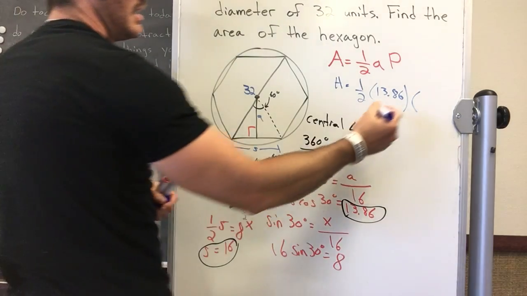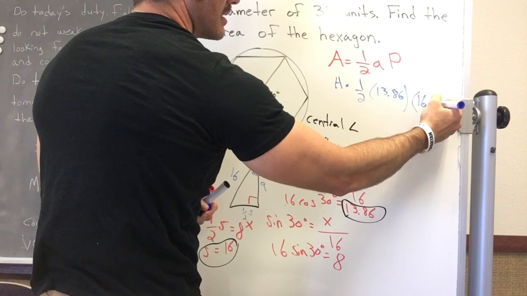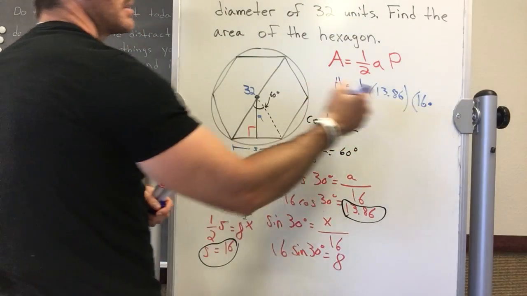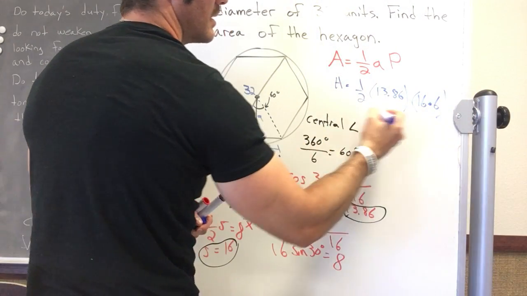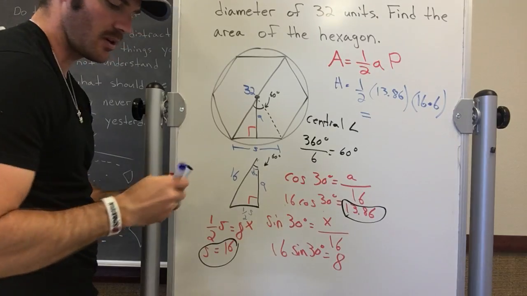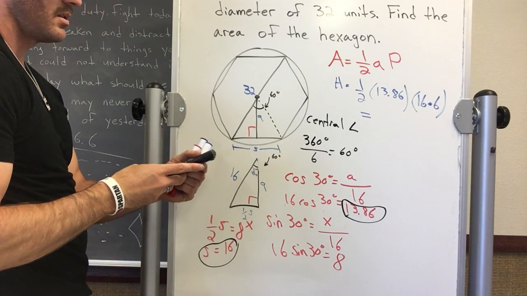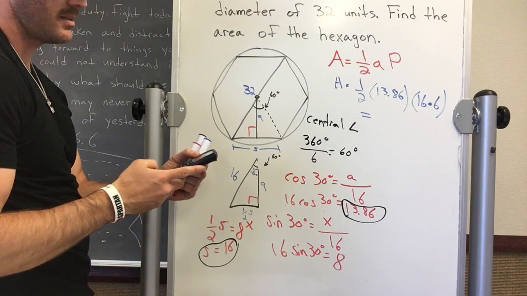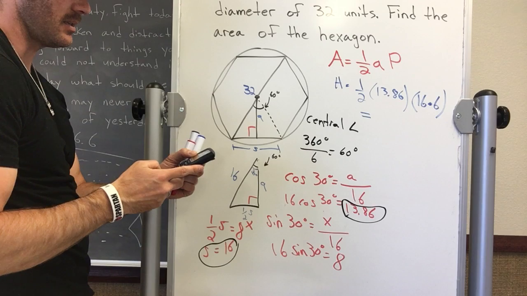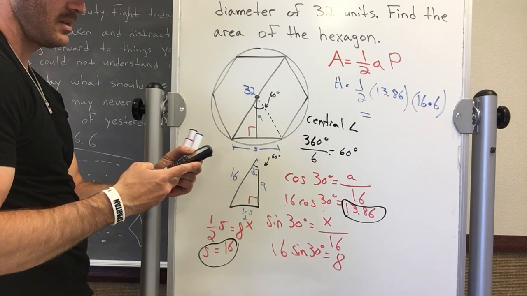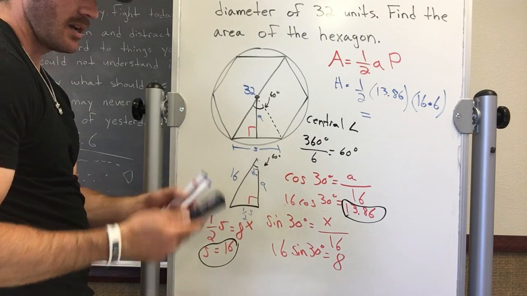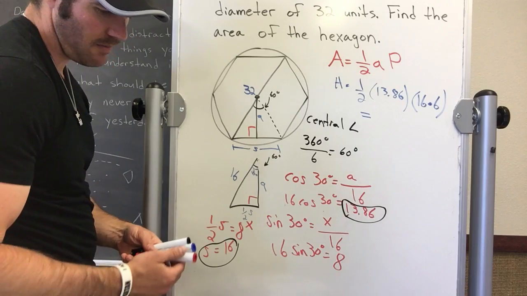So 16 times N, the number of sides, 6. I'm just going to plug all of that into the calculator. So we get 13.86 times 16 times 6, divide everything by 2. I got 665.107.